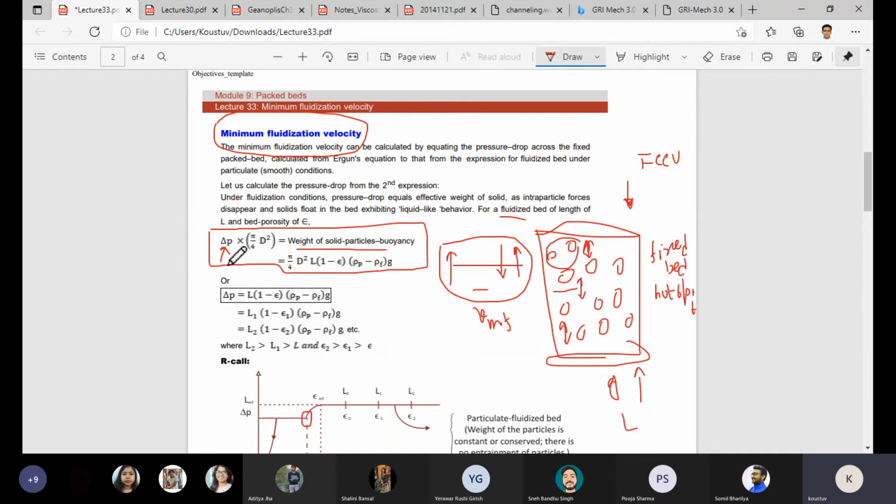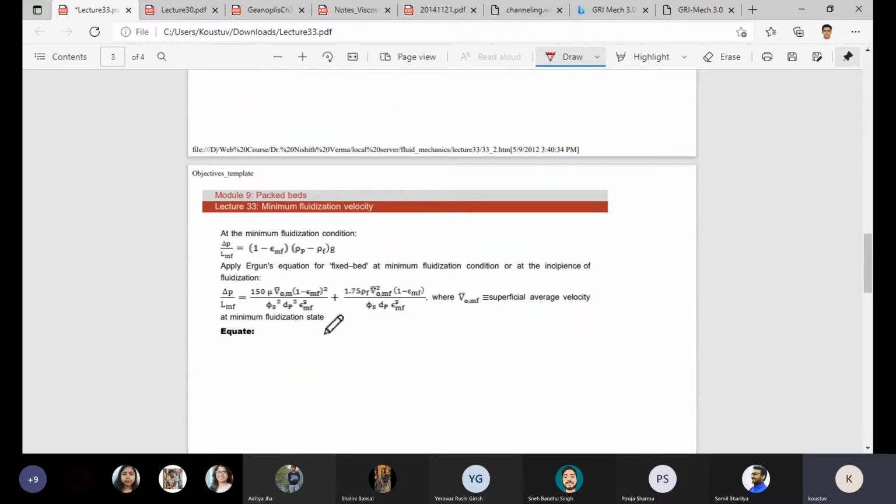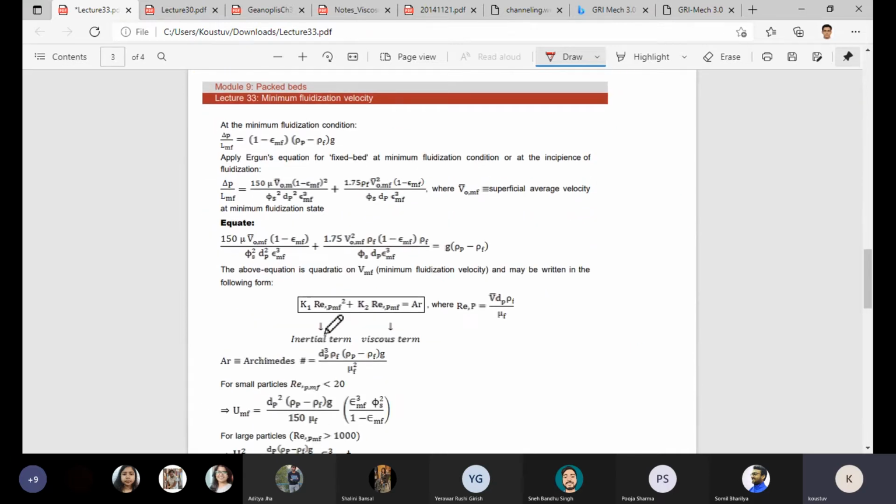So we go for VMF calculations by equating the solid particles' weight and buoyancy force to the pressure drop expressions, and ultimately at minimum fluidization conditions we get this equation.